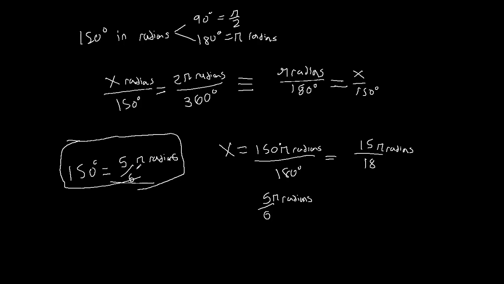So let's look at another example. Let's look at 75 degrees in radians. Again, we can do that same sort of thing. We're looking for radians, so x radians over 75 degrees.